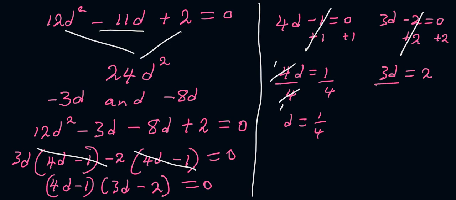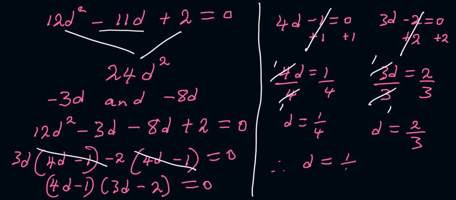So now we can divide both sides by 3. 3 divided by 3 is 1. So now we are left with just d equals 2 over 3. Therefore, d is equal to 1/4 and 2/3.